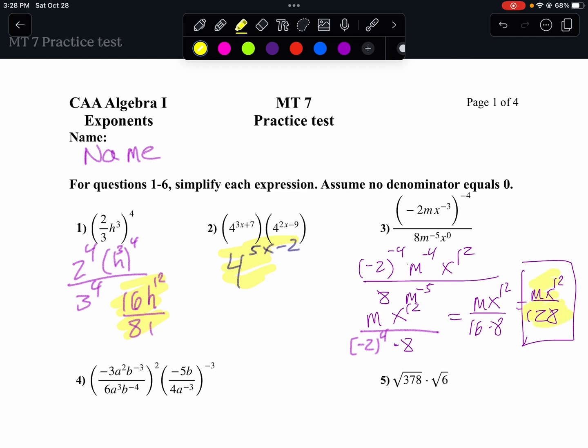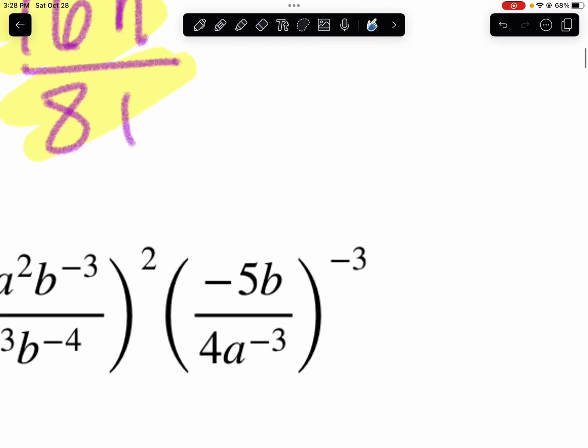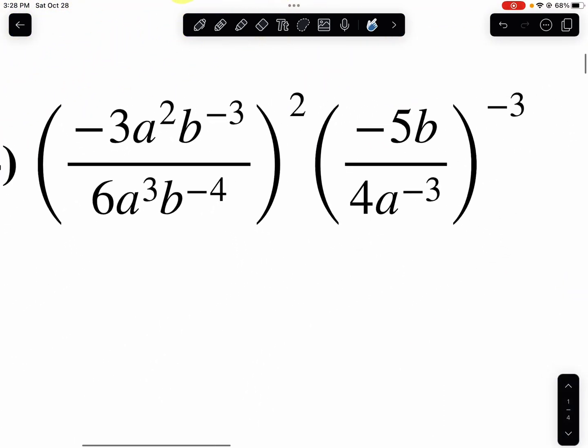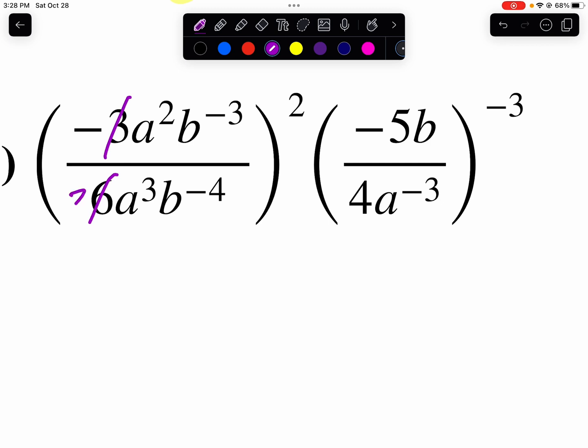Now, if we take a look at number 4 next, notice what happens here. I think I'm going to simplify my first terms inside the parentheses first. So 3 goes into 6 2 times. A squared takes out 2 of my a's, so I get a to the first in my denominator.